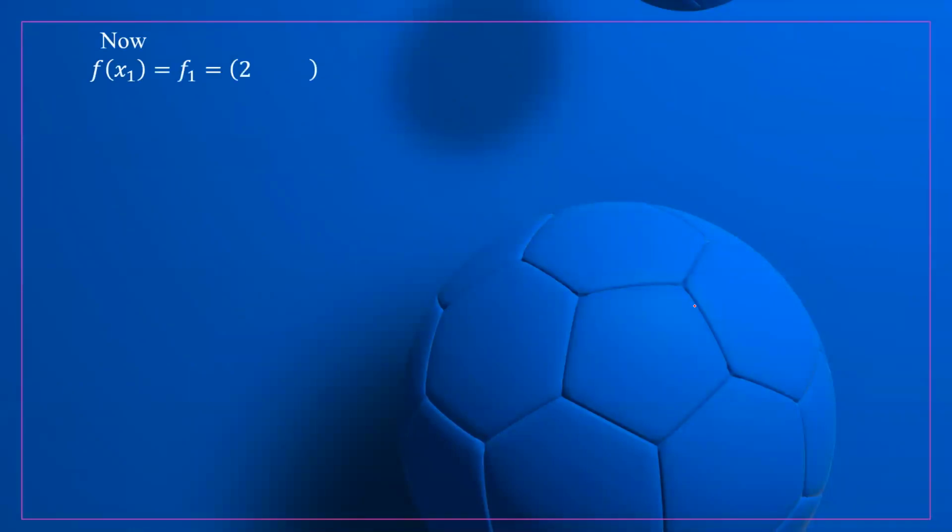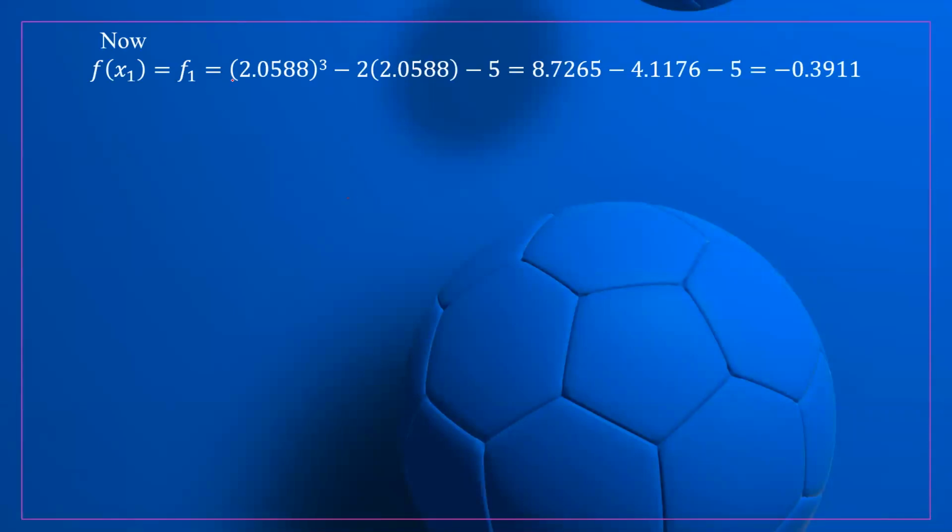Now let us find what is f of x1. What is the function value of f of x1? We just put the value of x1, x is equal to 2.0588. So this is x cube minus 2x minus 5. If we use the calculator and simplify it, we are getting the answer minus 0.3911.